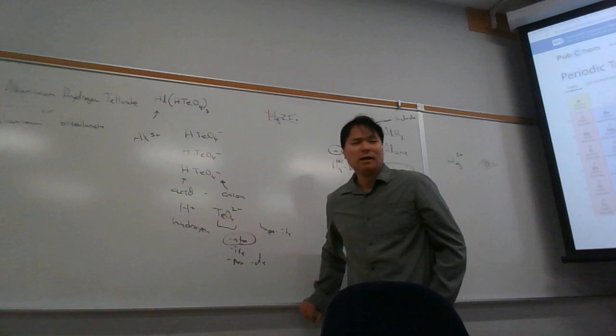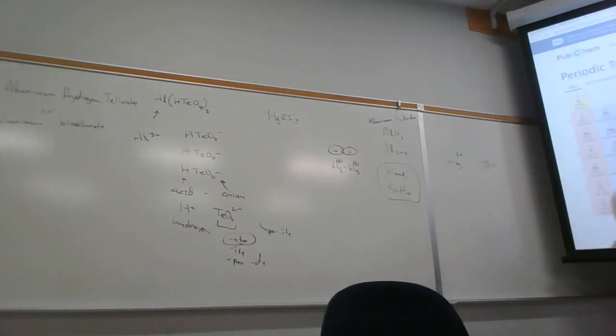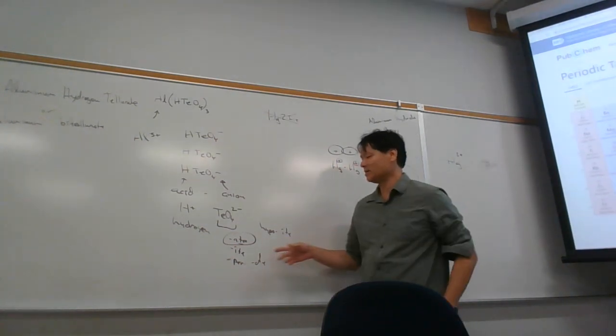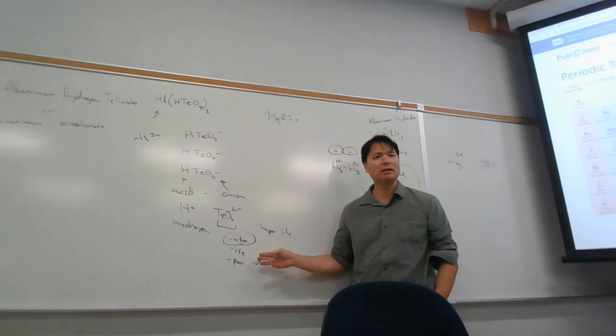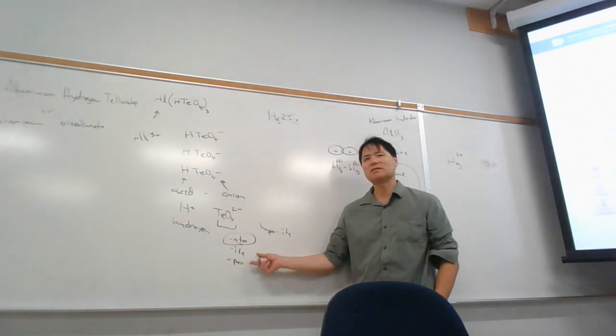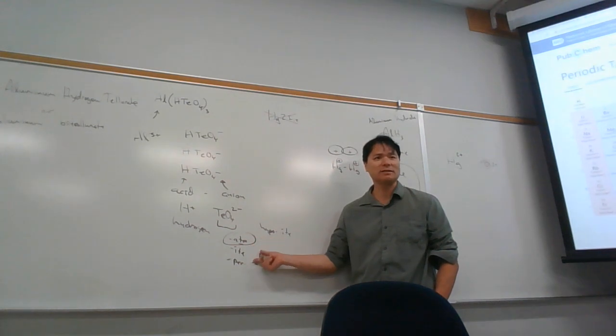So there are only 2 choices of oxygen, 3 or 4, for the -ates. But then you have the variations of that. Because if you memorize the -ates, you don't have to memorize the -ites. The -ites are easy. It's just 1 less oxygen, same charge.